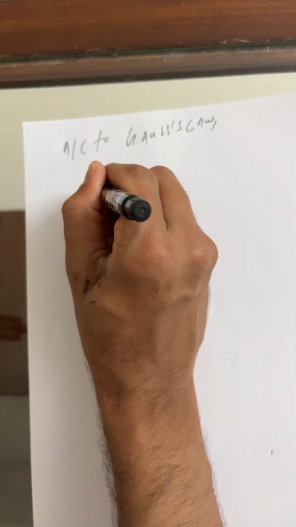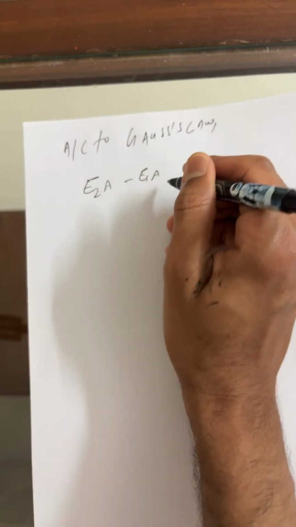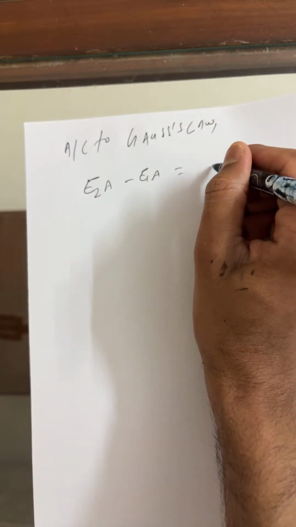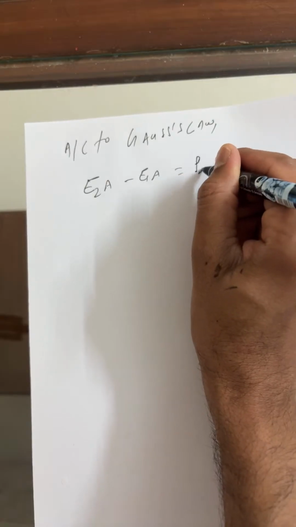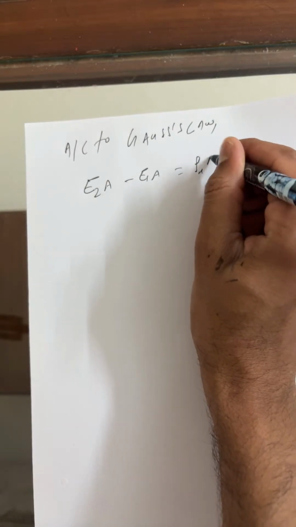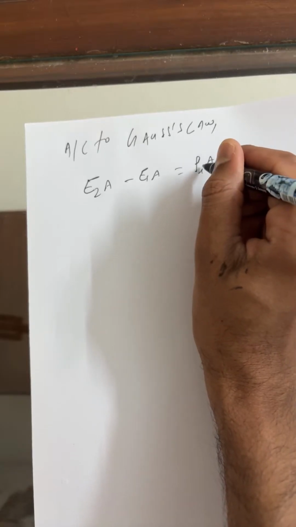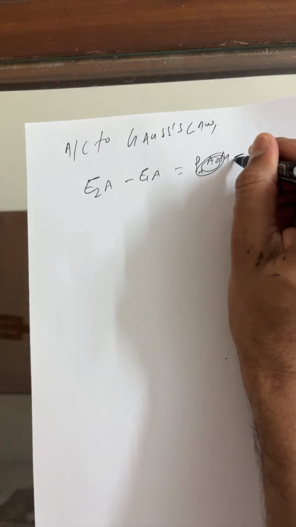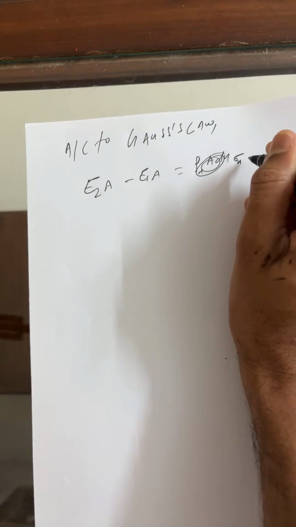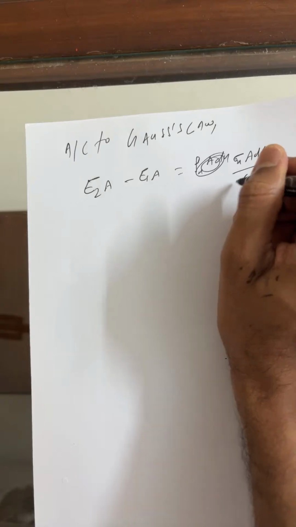I can write E2 into A minus E1 into A, which is equal to the charge enclosed. Just tell me, ρ at a distance x into A, flux you can write here. So this is A into dx, in terms of sigma basically, sigma of x into A into dx upon epsilon naught.